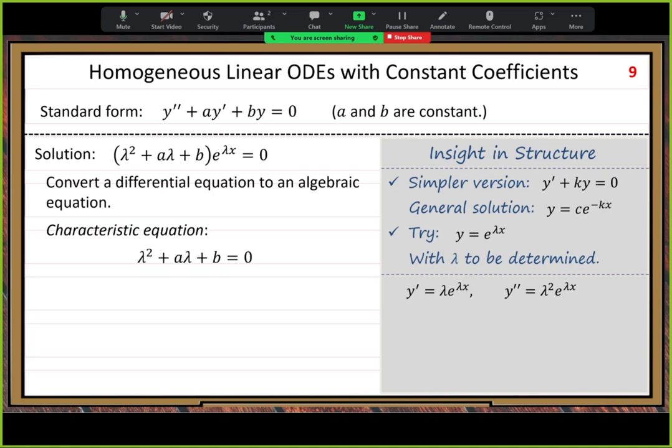We call this new equation the characteristic equation of the given differential equation. Characteristic equation. And lambda can be solved from this quadratic equation. We know how to solve it. Lambda values. Or it is also called the auxiliary equation.